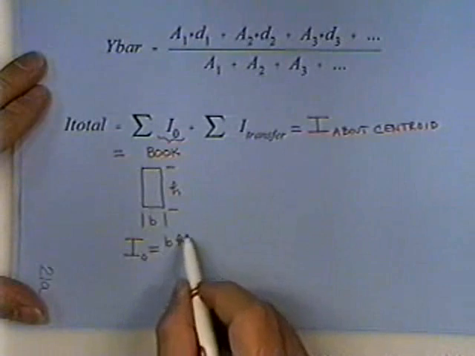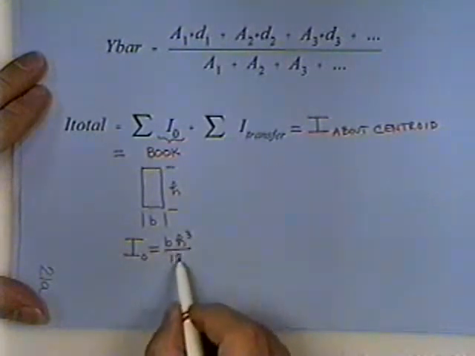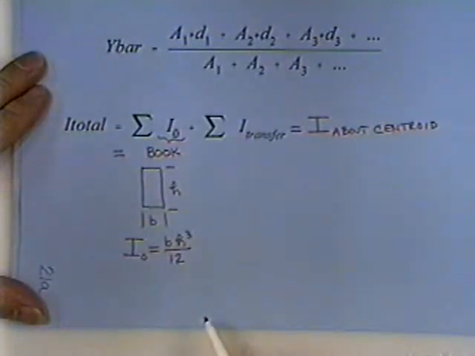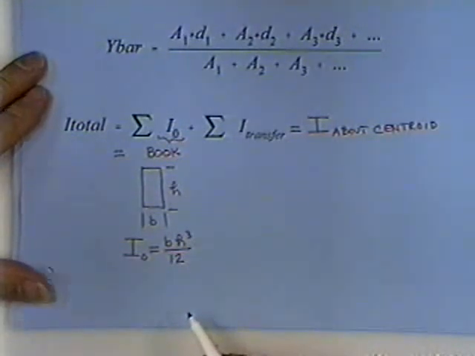It's given by the base times the height cubed divided by 12. If it's a triangle, it has a moment of inertia about its own centroid. If it's a circle, it has a moment of inertia about its own centroid. If it's half a circle, it has a moment of inertia about its own centroid. Those numbers are in any strength of materials book.